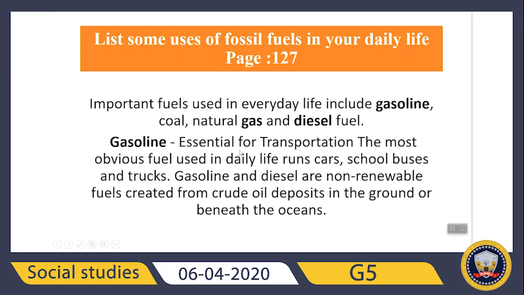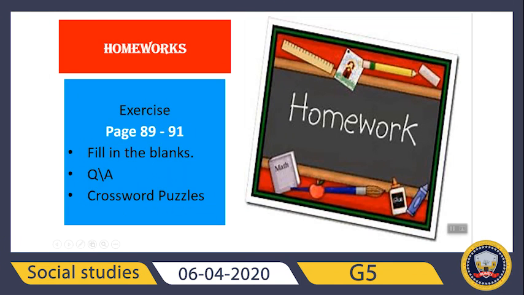It is essential for transportation. The most obvious fuel used in daily life runs cars, school buses, and trucks. Gasoline and diesel are non-renewable fuels created from crude oil deposits in the ground and beneath the oceans.